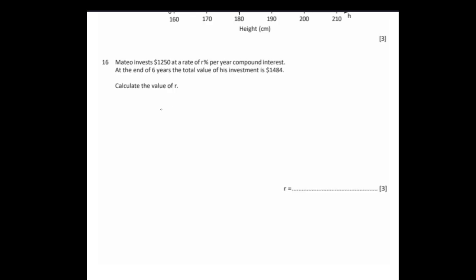So take the formula of compound interest, principal into 1 plus R by 100, whole to the power N. We need to find R here, and N is 6, and that is equal to 1484.